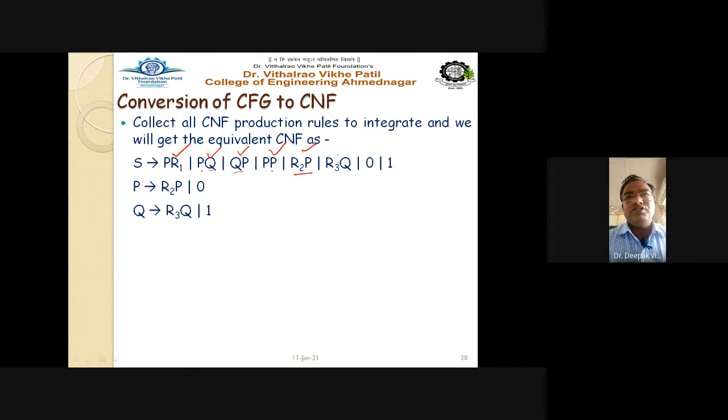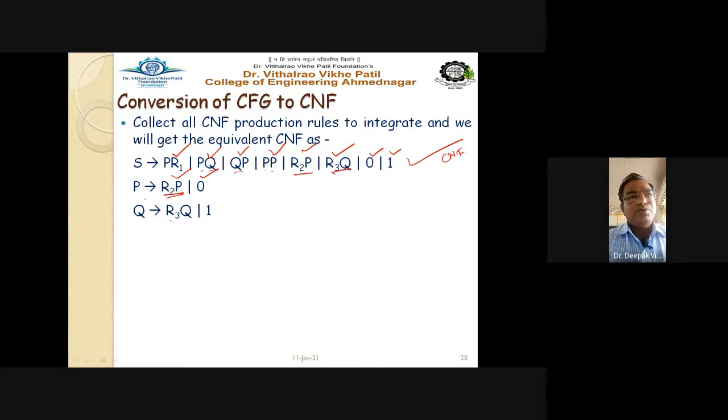R2P we have formed, it is a normal form. R3Q, it is in a normal form. And S produces 0, S produces 1, that means NT gives T, so yes, it is in CNF. Now P produces R2P, yes, it is in a normal form, and P produces 0 is also in a normal form.